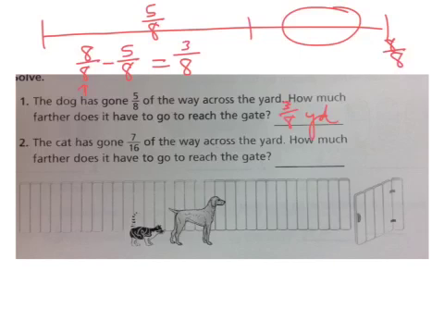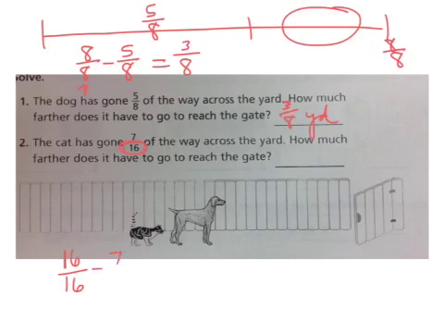The cat is a little bit slower, apparently. She's gone 7/16 of the way across the yard. How much farther does she have to go to reach the gate? Well, remember, she needs to get the whole way. Now, we don't want to use 8/8 again because we have our denominator 16. So this time we're going to look at the whole way being 16/16 because that's one whole. That's going the whole way.